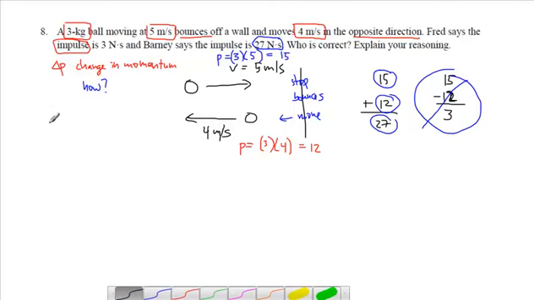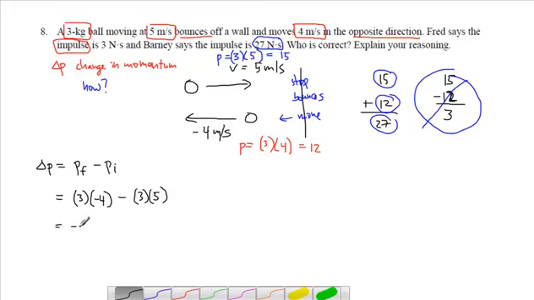The other way you could look at this is if you wanted to look at change in momentum, you could do P final minus P initial. Look at this more mathematically. So final momentum is 3 times -4. See how it's -4? Because it's going to the left, minus the initial, which is 3 times +5.